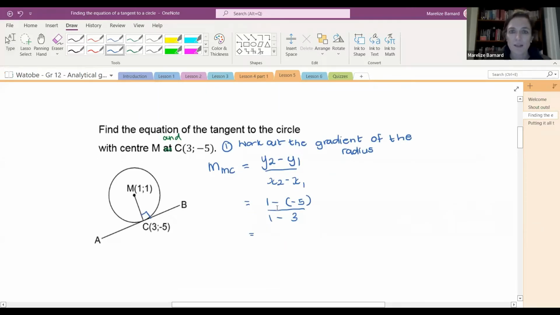So 1 minus 5 is 6, and 1 minus 3 is going to be minus 2. That gives me minus 3.